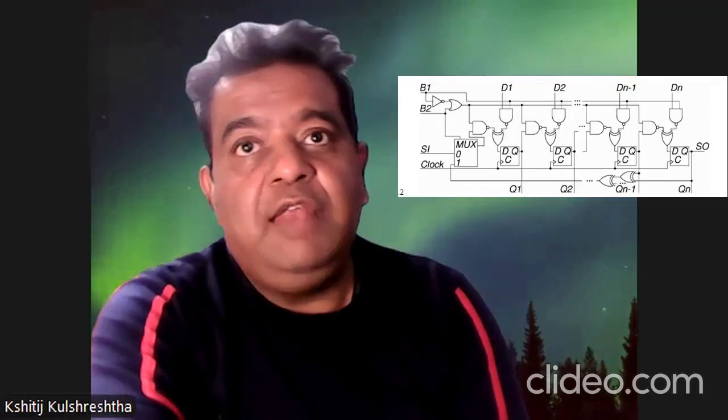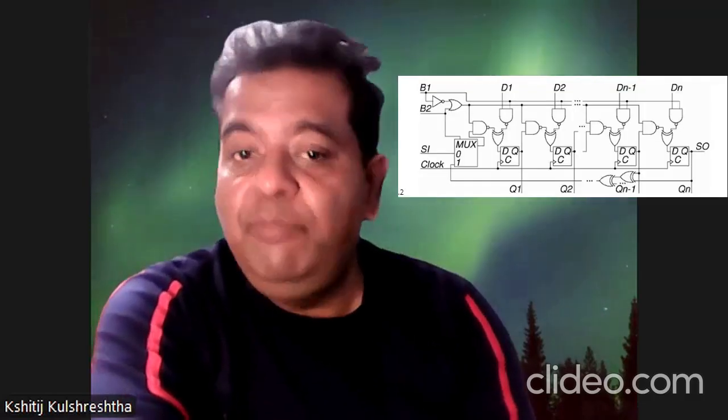You can see a BILBO architecture on your screen. It has two inputs, B1 and B2, and we classify it into four main modes: LFSR mode, MISR mode, scan mode, and the normal mode. Based on how you select the inputs B1 and B2, you can go to any of the different modes. So this is a test per clock architecture, which is the BILBO architecture.